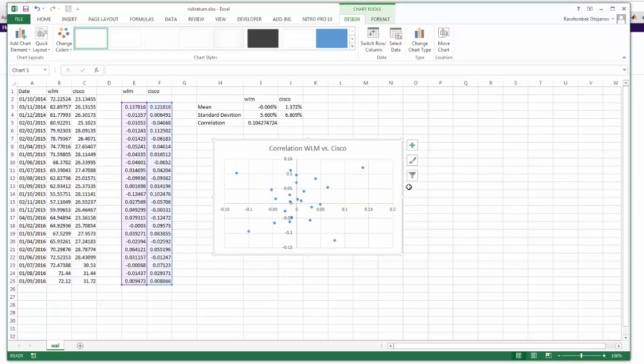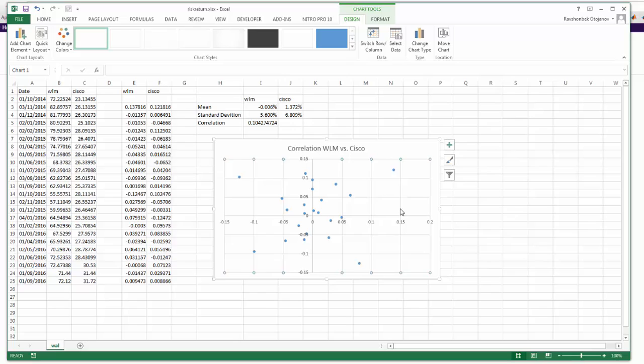Y range, Cisco. Okay, so I don't see a pattern here. There is no systematic pattern. You see, not all these points are lining up upwards or downwards. It's just a chaotic pattern here. In other words, it's random.